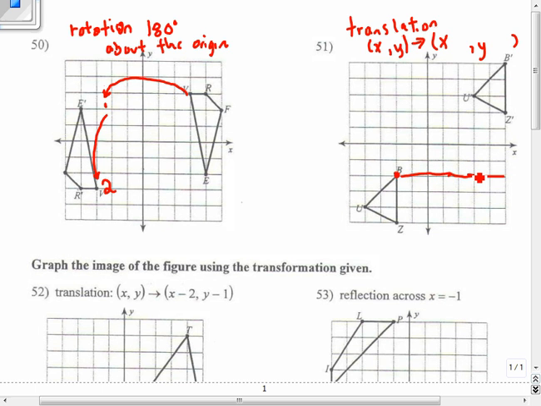Went right how many? 7. So right is positive, so plus 7. Okay, then we had to go up. How many? 7. We went up 7. Up is positive or negative? Positive. So y plus 7.